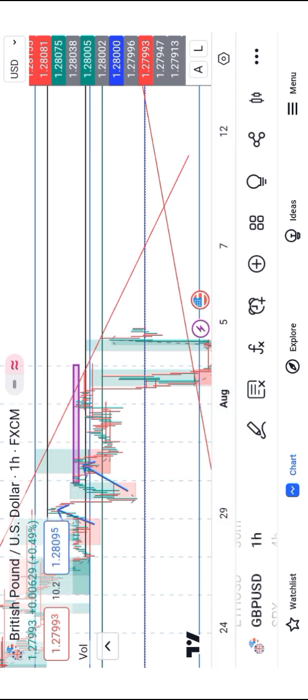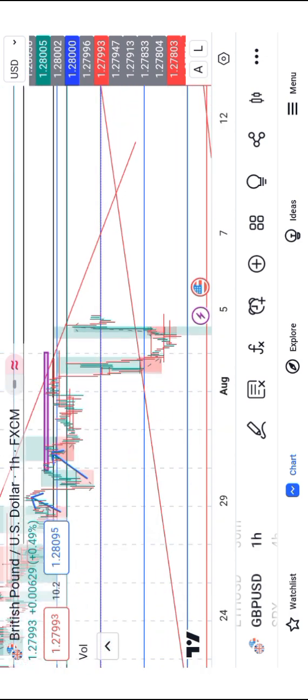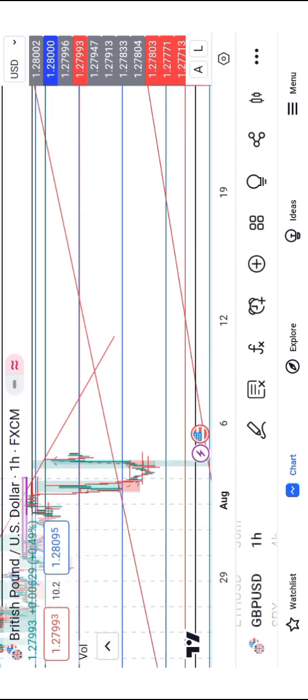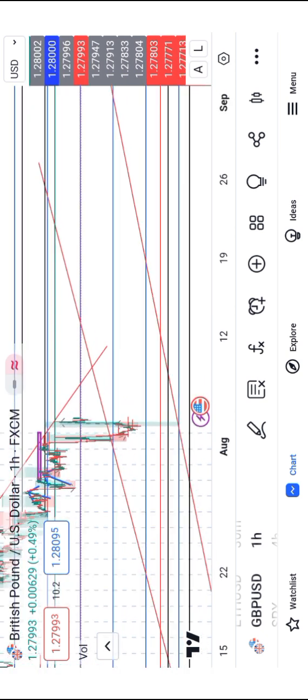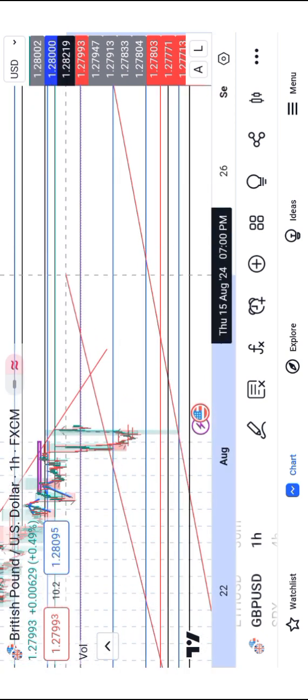So that's it guys. Now ideally we are supposed to adjust this one, because this is the trend line that held. We are supposed to adjust it to this point here.